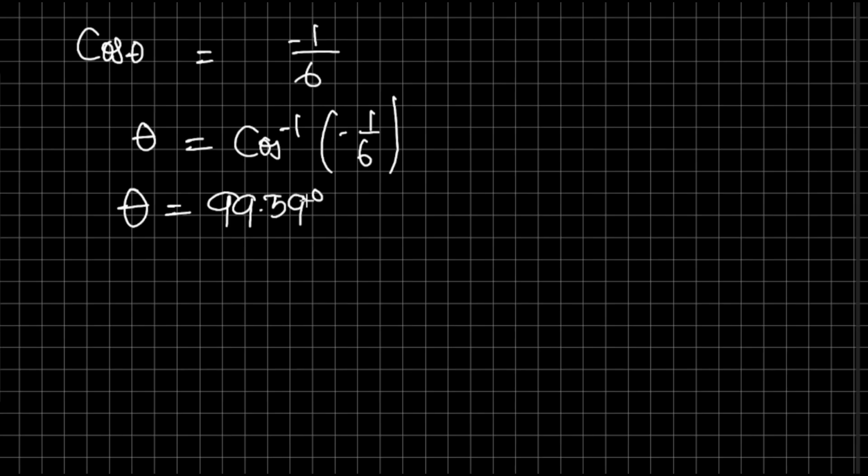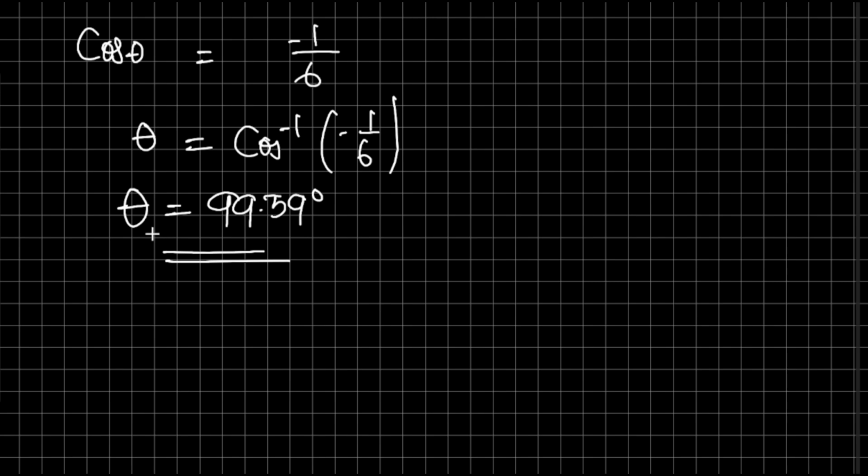Okay, so this is an obtuse angle. It's greater than 90 degrees, and that is why the cosine is negative. So the answer is that, and if we approximate, we're going to get 100 degrees. So this is the answer for that.